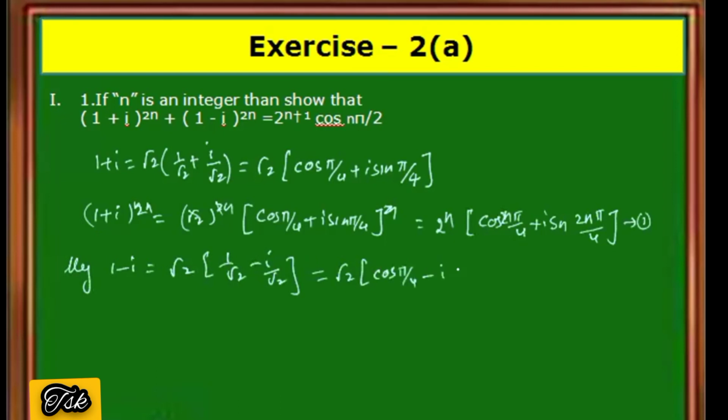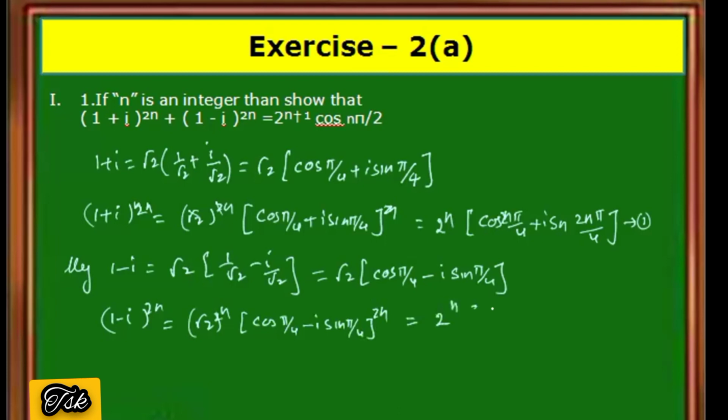So (1 minus i) whole to the power of 2n becomes 2 to the power of n into (cos 2n pi by 4 minus i sin 2n pi by 4). That's number 2.